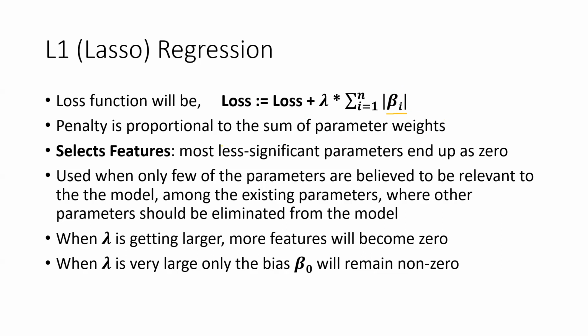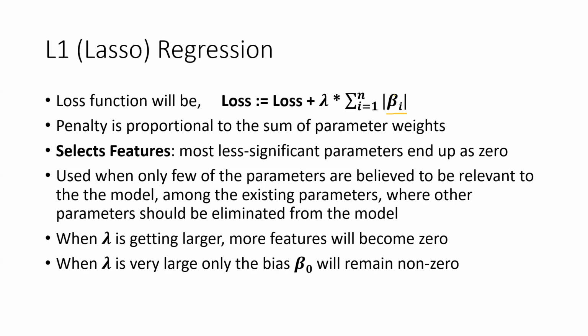So this is also known as the feature selection. It does select features, right? So what happens is less significant features will be moved to 0 when you are applying this kind of L1 regression or lasso regression in your machine learning model, right?